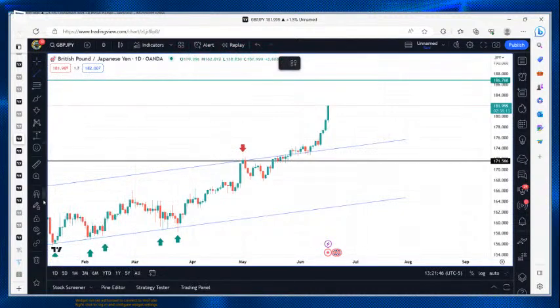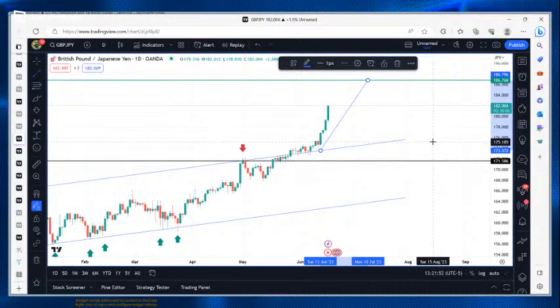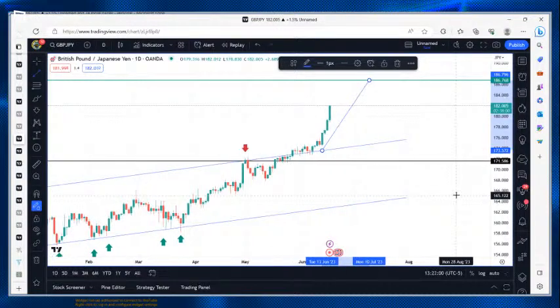Right now, the market could just take off and go all the way to that price point. But if the market does that, then there's no trade.